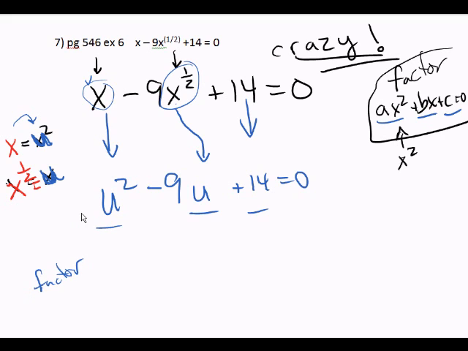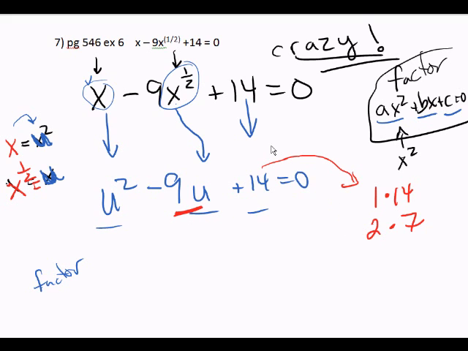So now we're going to factor this. If you can get past the u squared and the u's, we're going to go right through our factoring process. That's why I said we're going to factor a lot today. 1 times 14 is 14. What else is 14? 2 times 7 is 14. Okay, so we have all our 14s.